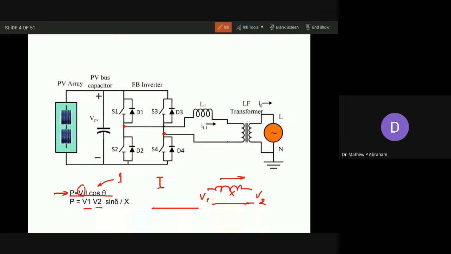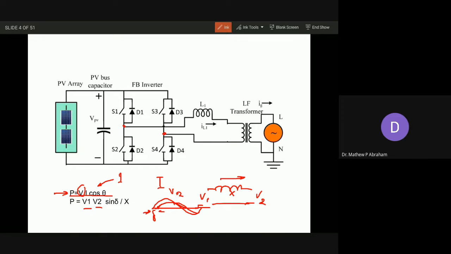Suppose this is V1, our injected voltage, and V2 is the grid voltage, V1 can be adjusted slightly like that. This forms our delta, right?